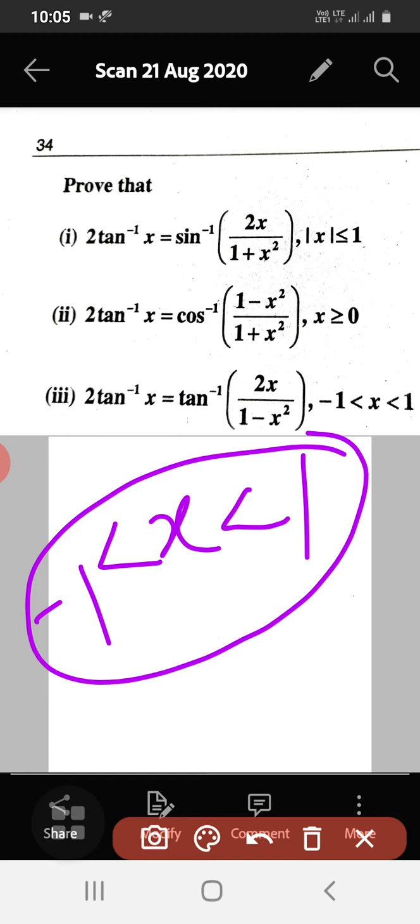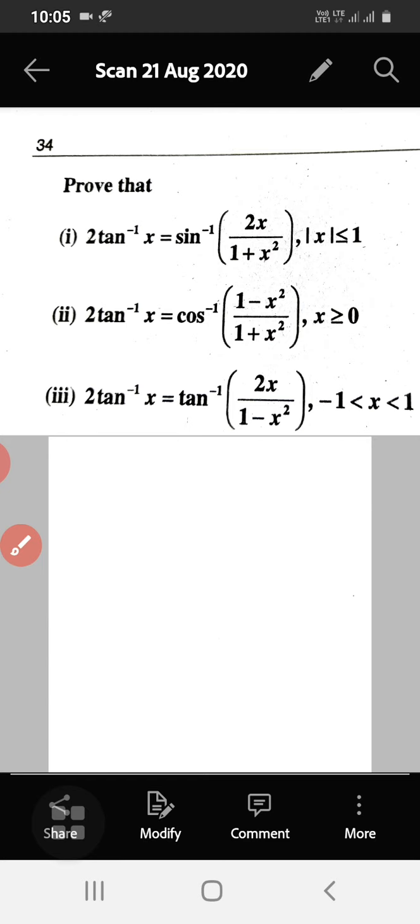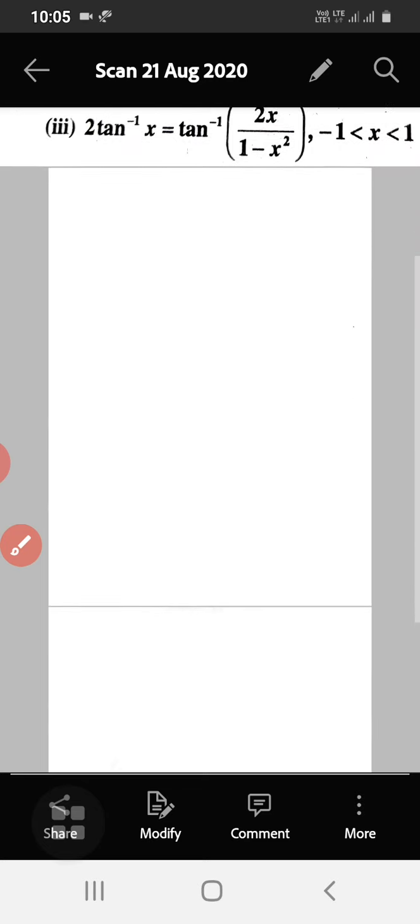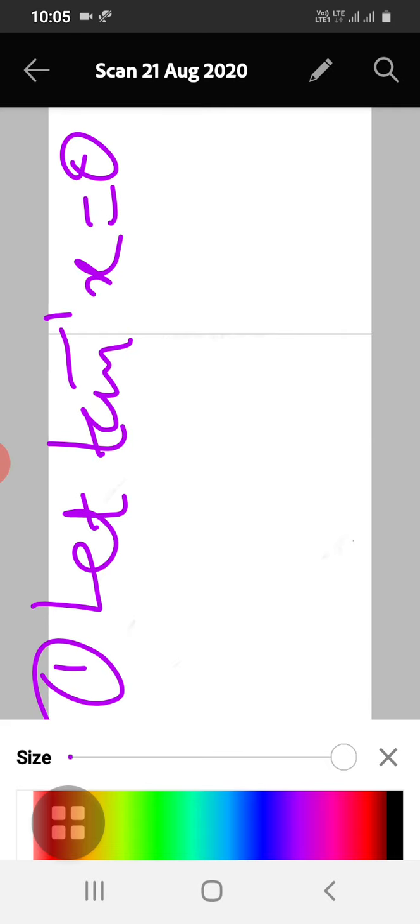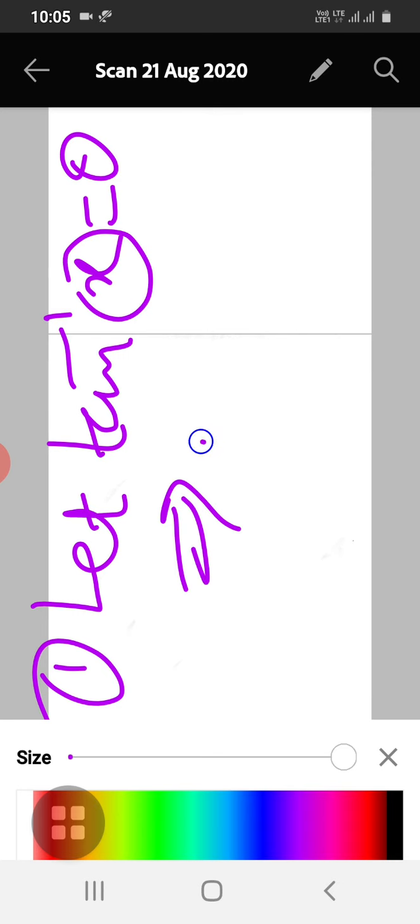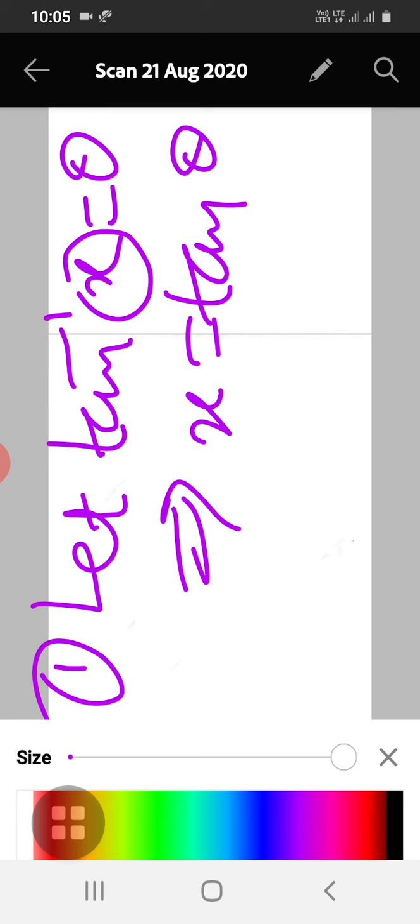Now let us concentrate on the proofs here. Very simple proofs, so I will consider them one by one. I will prove the first one here. What is on the left hand side? 2 tan inverse x. Observe that. As we proved some of the theorems earlier, let us consider tan inverse x as theta. Then we shift this tan inverse to the right hand side and I get x is equal to tan theta.